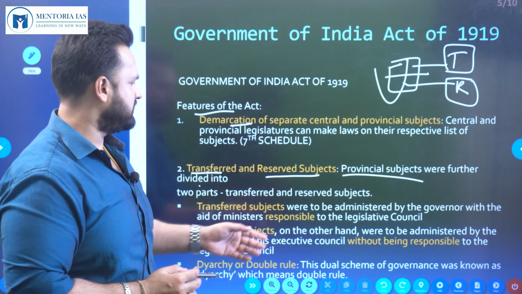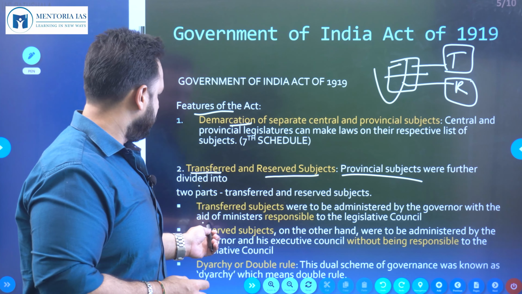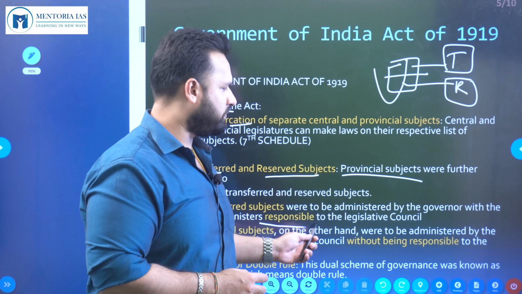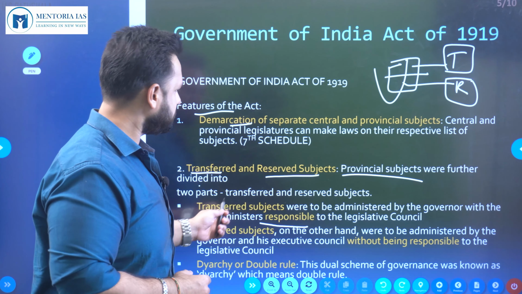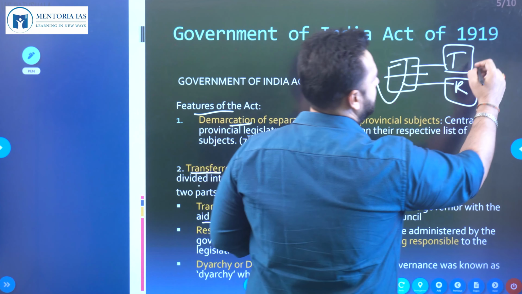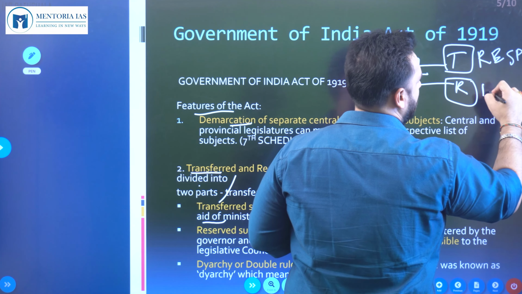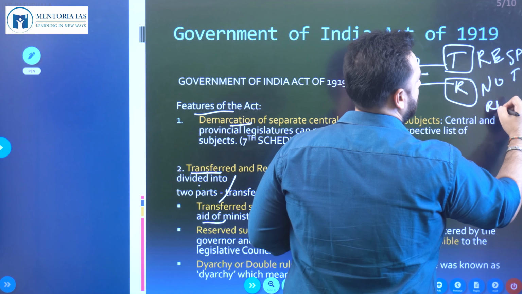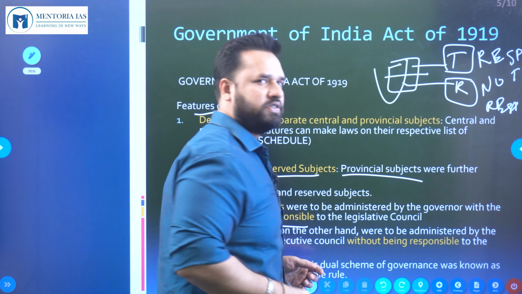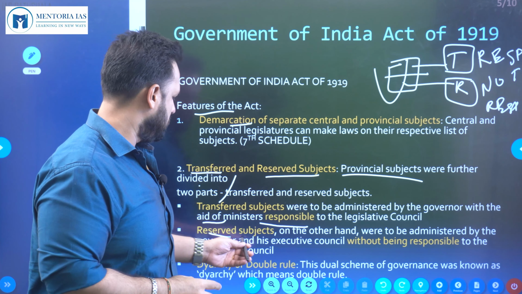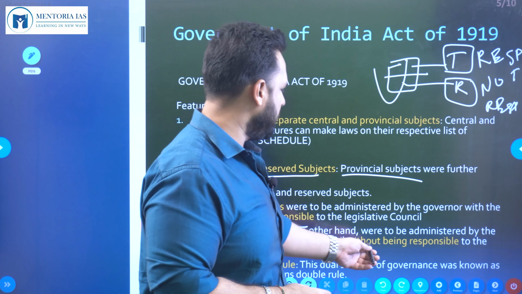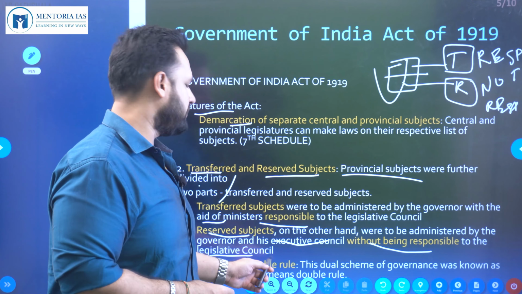In the transferred subjects, the ministers are responsible to the legislative council. In these transferred subjects, there is responsibility. Here, not responsible. Reserved subjects are reserved for the executive council without being responsible to the legislative council.